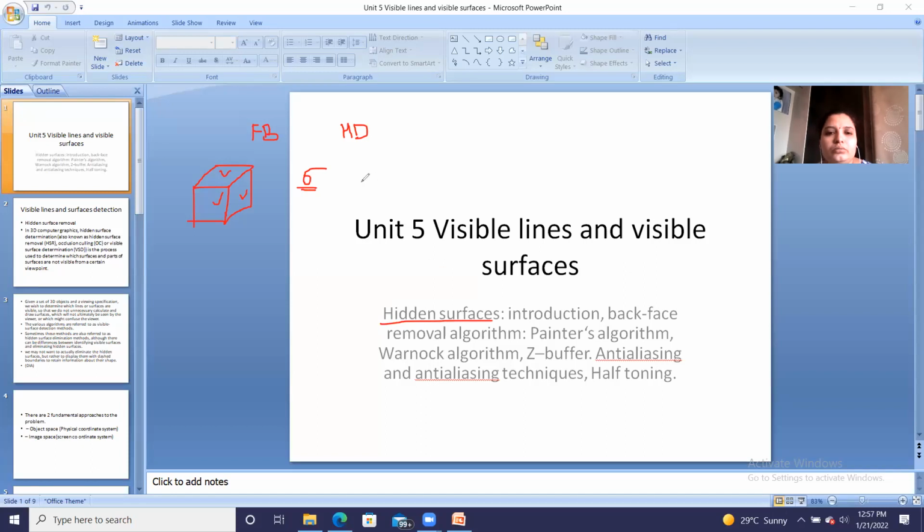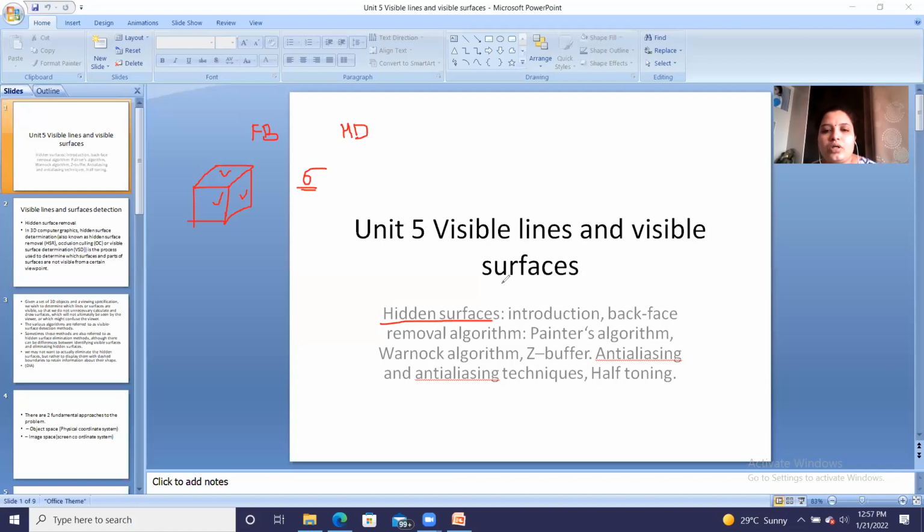Okay, so we have seen 2 advantages: the picture is more clear, the complex picture becomes clear to represent on screen, and second, it minimizes the memory requirement for displaying such images. So these are the two advantages or applications of visible surface detection or hidden surface removal.